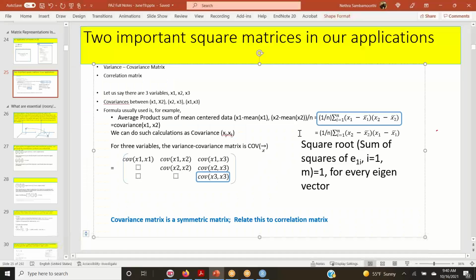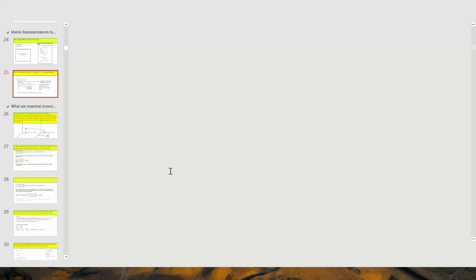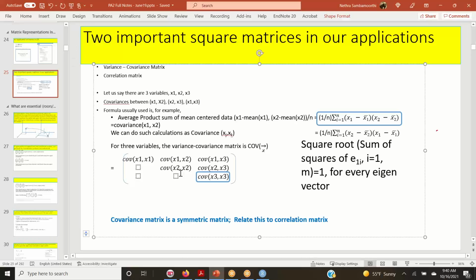Covariance of x1 with itself, the same vectors. We are taking the inner product. Why do I say inner product? It's a cross product sum. If you put the same thing, it is squares of the same values, isn't it? Squares of the same values give you distance square, also related to the variance. Please listen very carefully. So when you take different vectors, then it becomes covariance. That's all I'm saying. A variance covariance matrix is the inner product of different vectors, arranged in a nice way.